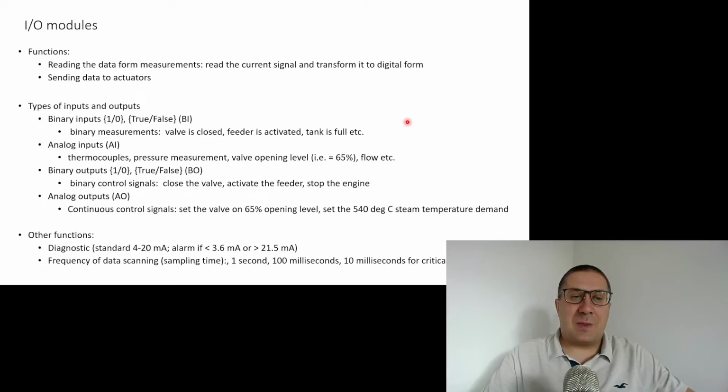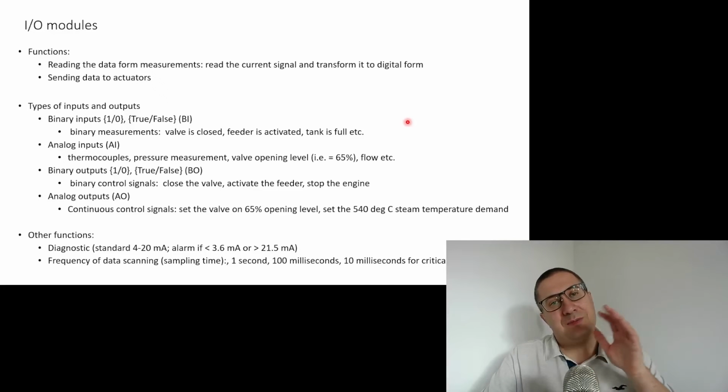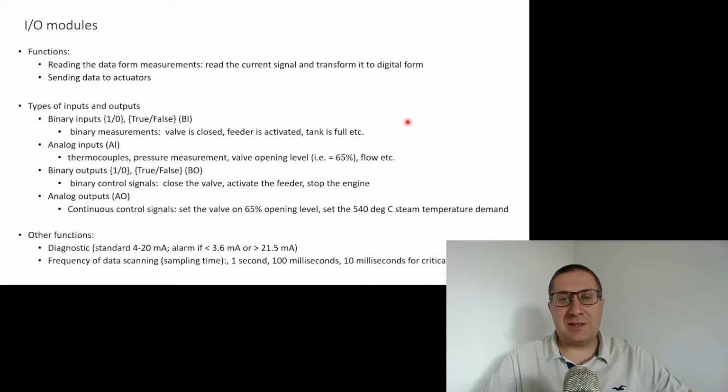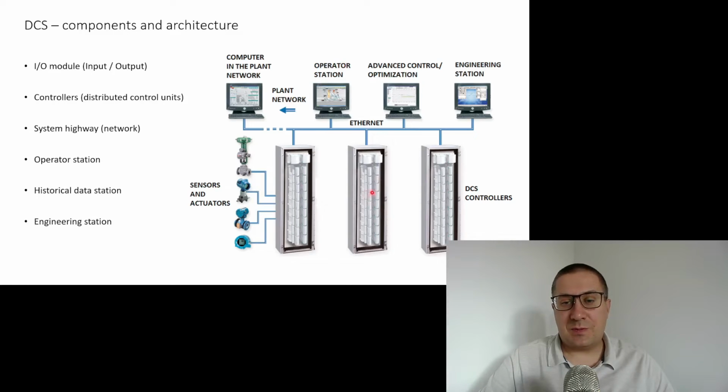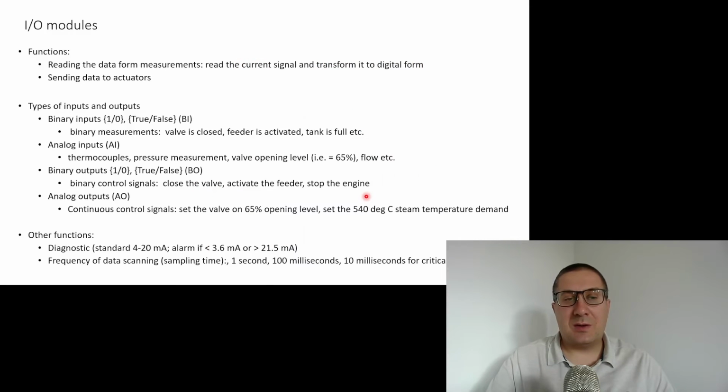All right, so now I will discuss briefly all those components. I will start from IO modules, the input-output modules. So we plug the cables from our sensors and from our actuators to those input-output modules.